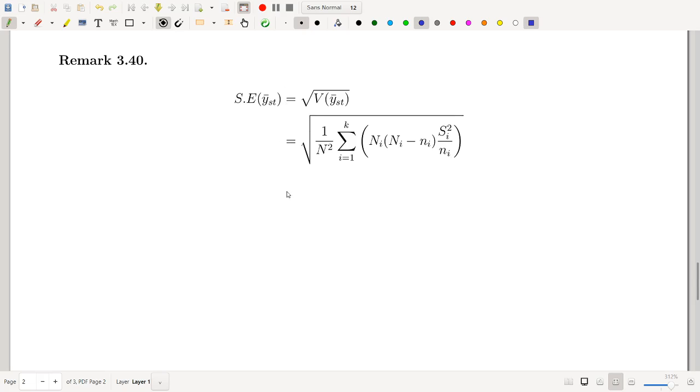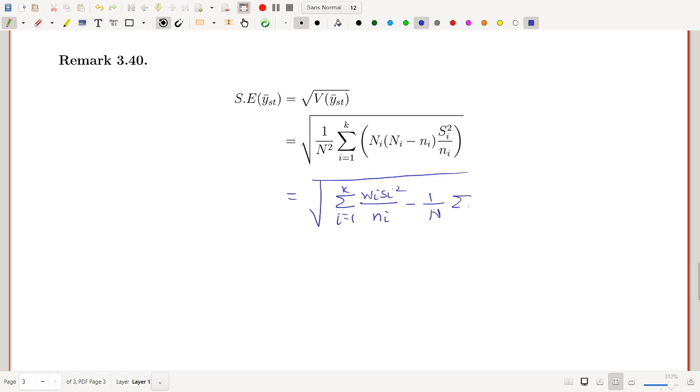Also the standard error in terms of Wi will be like this. So in terms of Wi we know the variance of y bar st is summation i running from 1 to k Wi square Si square upon ni, minus 1 upon N summation i running from 1 to k Wi Si square.